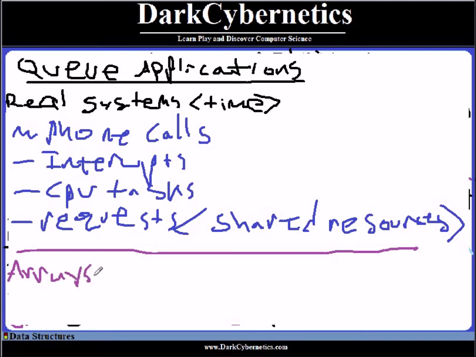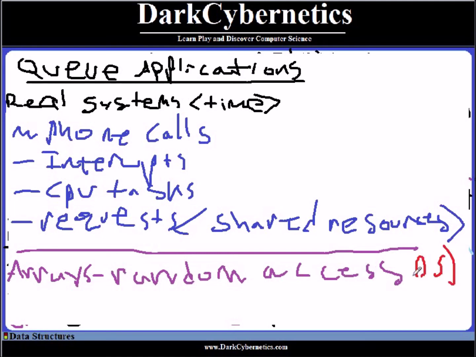One benefit of using arrays is random access. And as we know which element, that's a random access data structure, right? For an array, we've talked about arrays before.